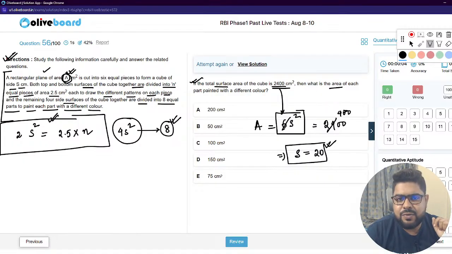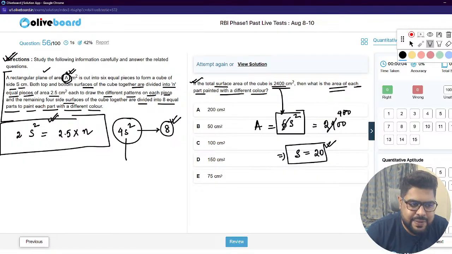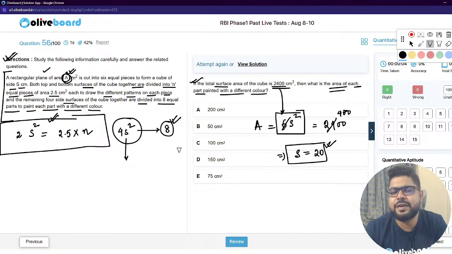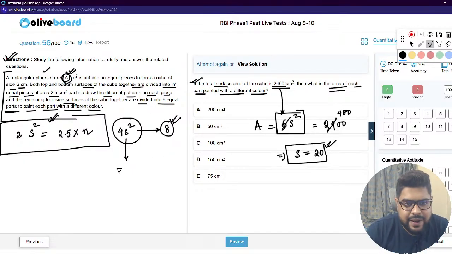Now they are asking what is the area of the part painted with different colors. 4s square is the part painted with different color.